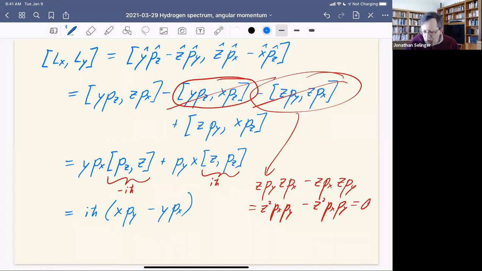And now we look at that difference and say, oh, I recognize that. That's the Z component of angular momentum. So this is i h bar Lz.